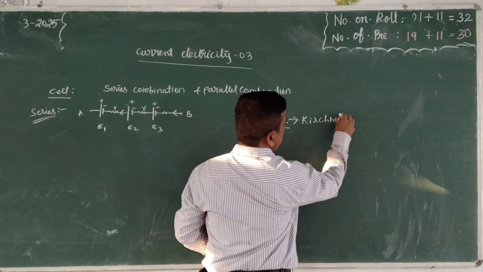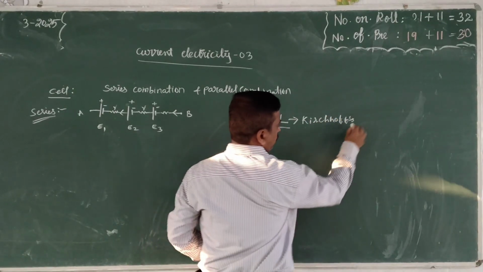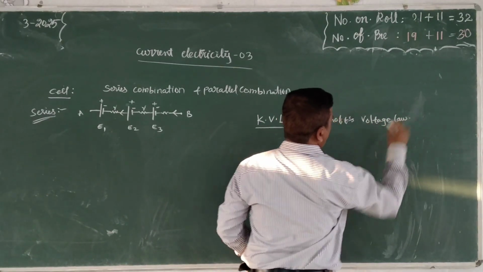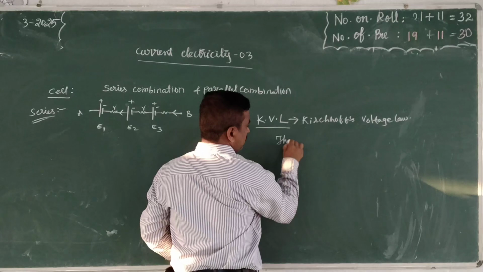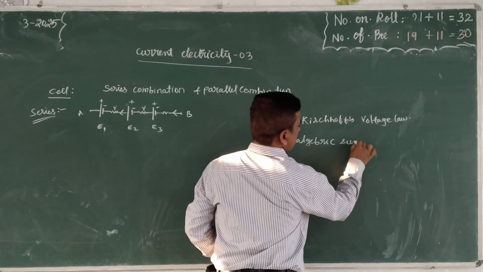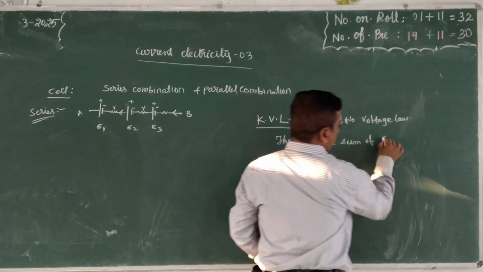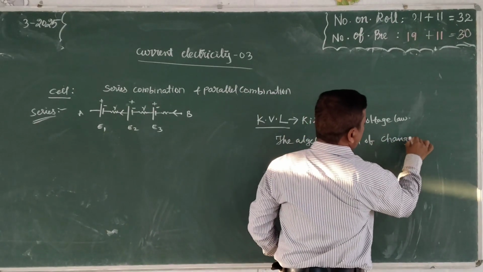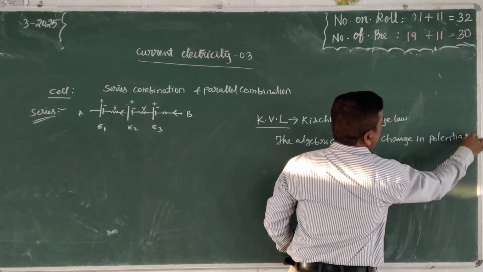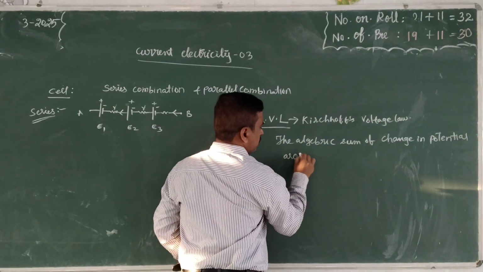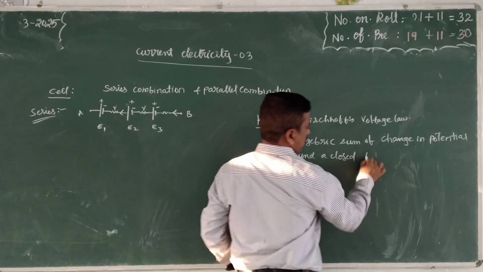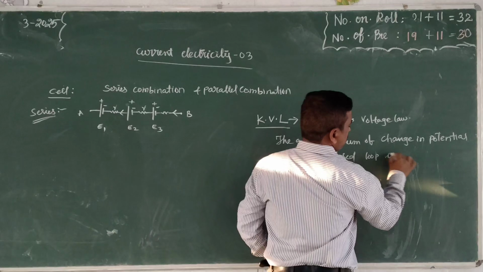Kirchhoff's voltage law means the algebraic sum of changes in potential around a closed loop is 0.